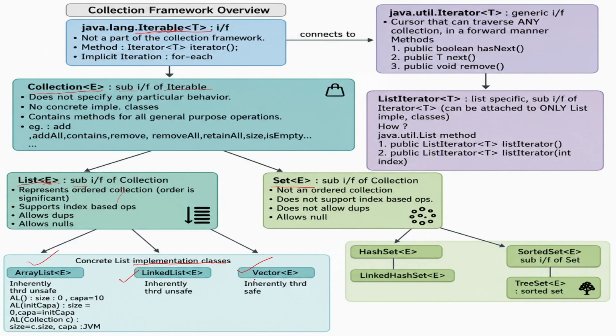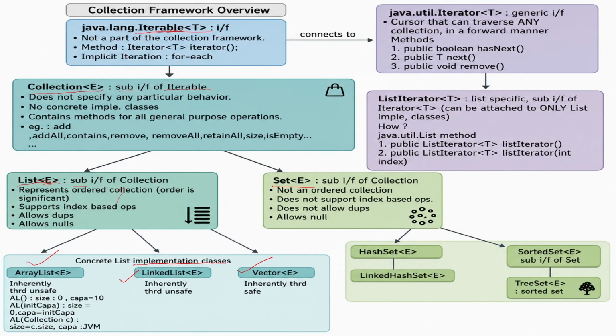So these three are the implementation classes of the list interface. Forget about these pointers, focus on the main ones.